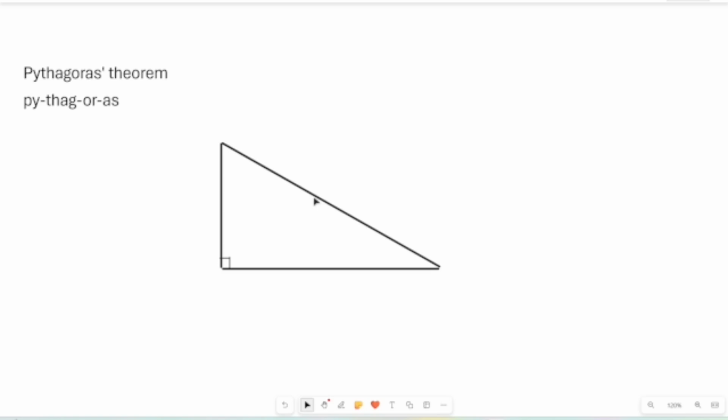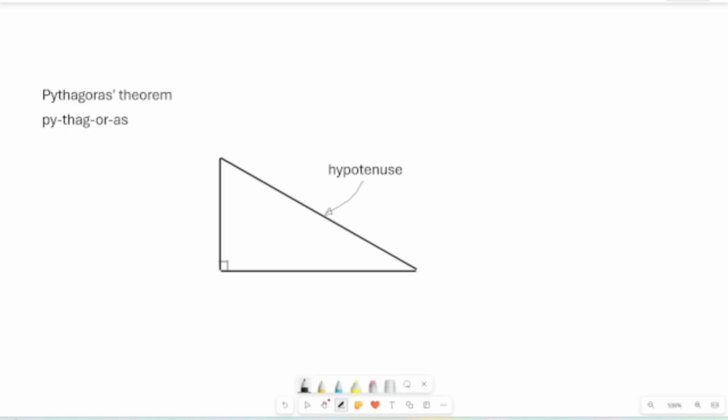And mathematicians give the longest line, the one opposite the right angle, a special name, and that name is hypotenuse. There I've drawn in which line is the hypotenuse and the spelling of it.